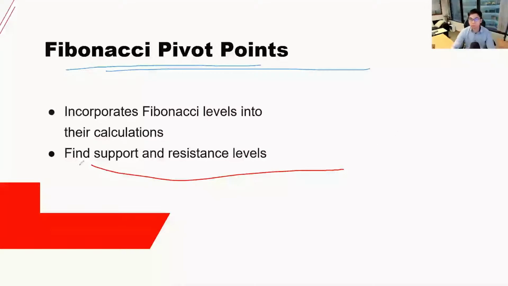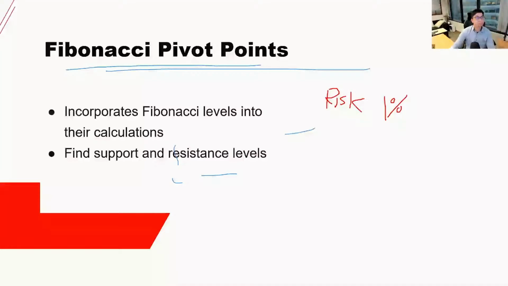Let me take an eraser to clear this out. Is it not clearing? Forget it. Okay, so I risk 1% of my account. I only risk 1%. So let's put it into very, very simple terms. I have $1,000 in my account.